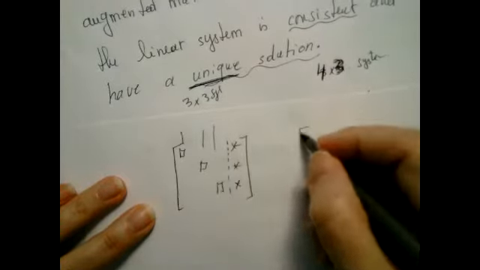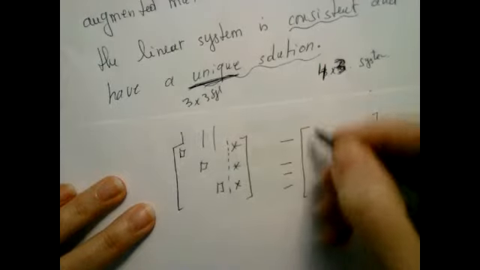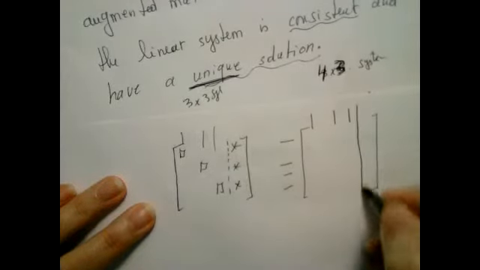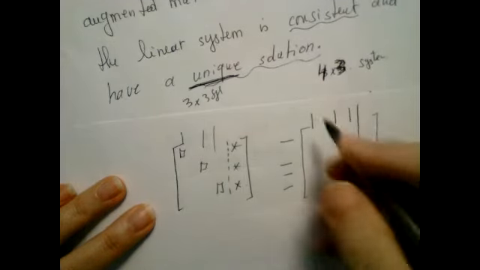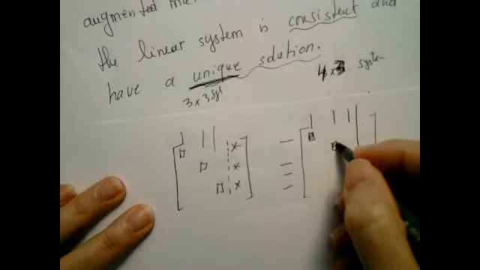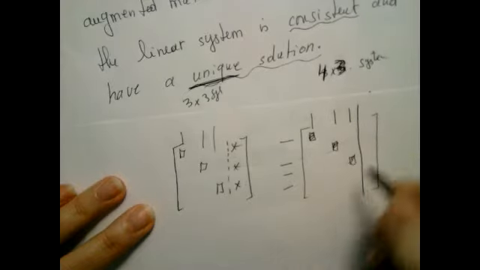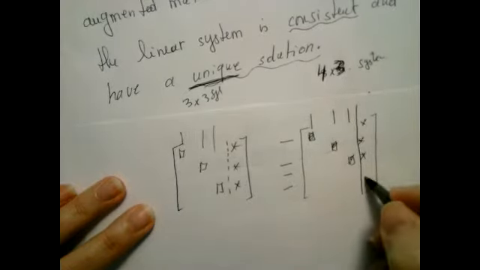Even if I have a 4x3 system, then again, no free variable here. Unique means this should be leading, this should be leading, this should be leading, and no leading here.